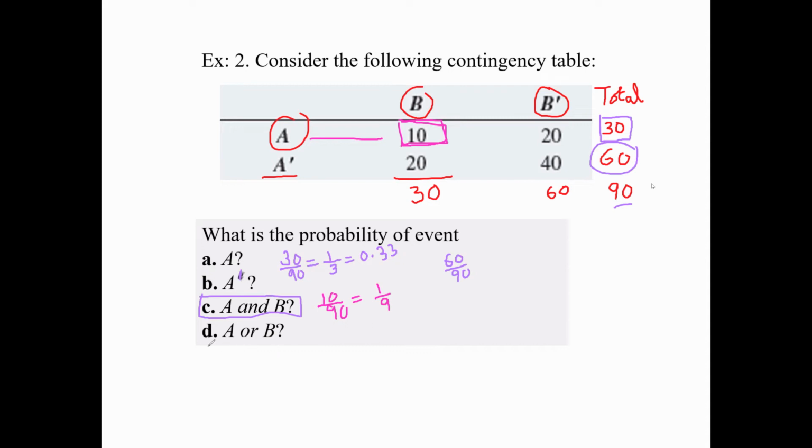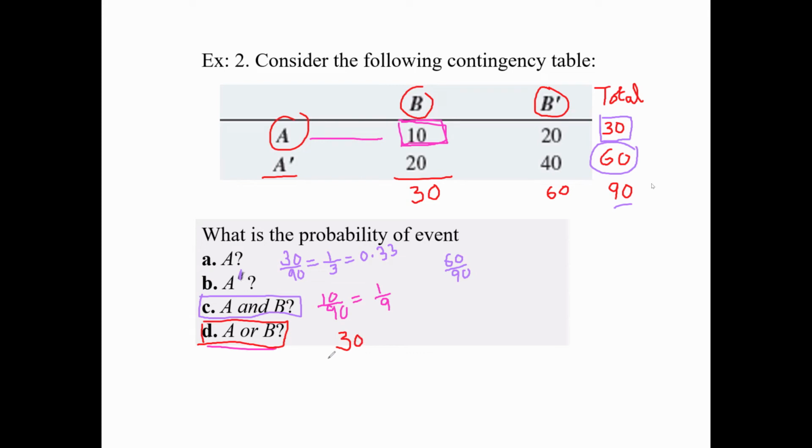Next, the probability of A or B. For probability of A or B, you need to apply the formula: probability of A plus probability of B minus probability of A and B. Probability of A, we have seen, is 30 over 90.